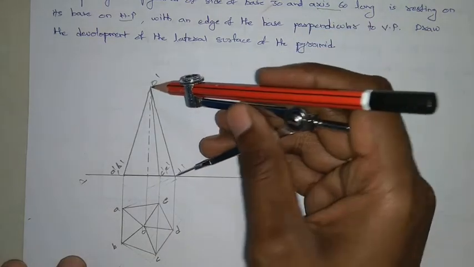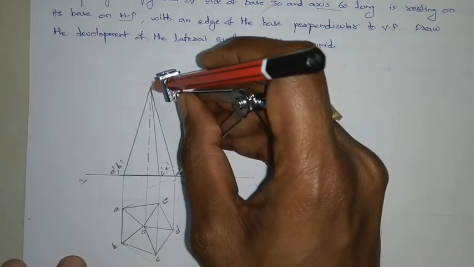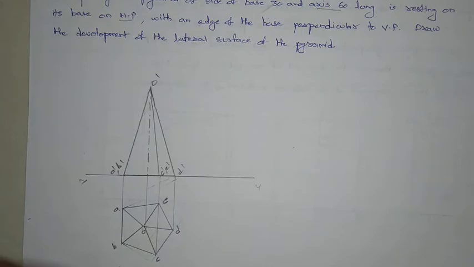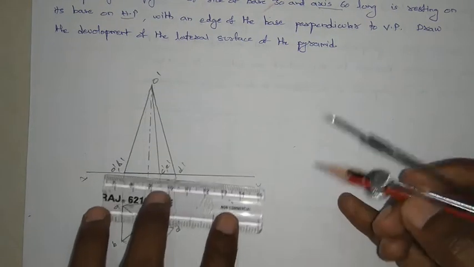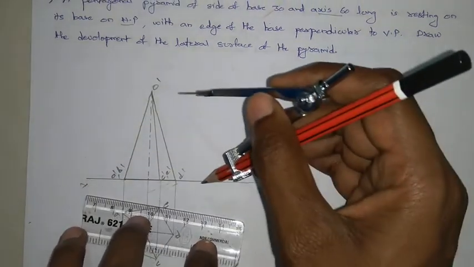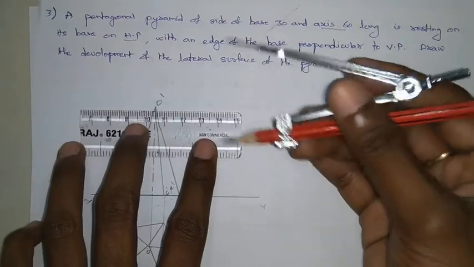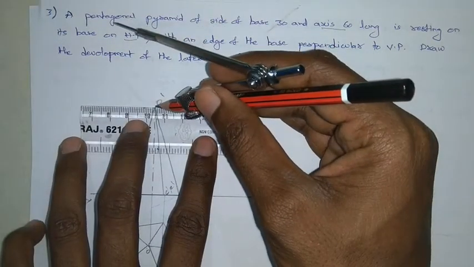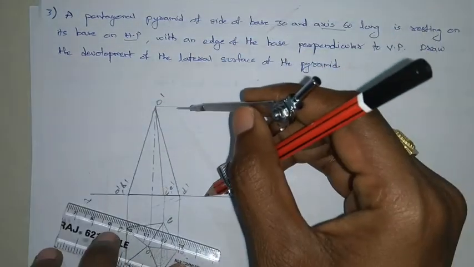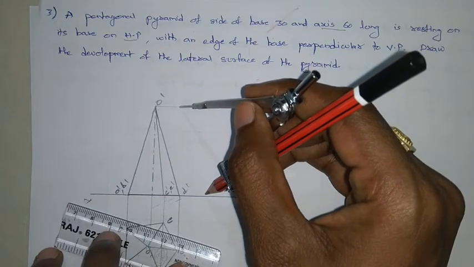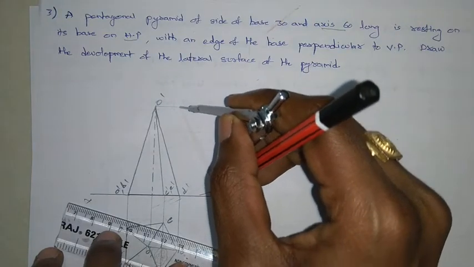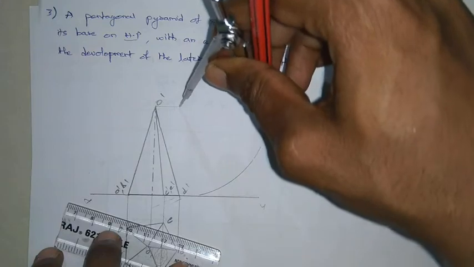Now take this slant edge height, that is OD, and you can draw anywhere. So or you can take some distance, it's not a big matter, and draw a arc like this.